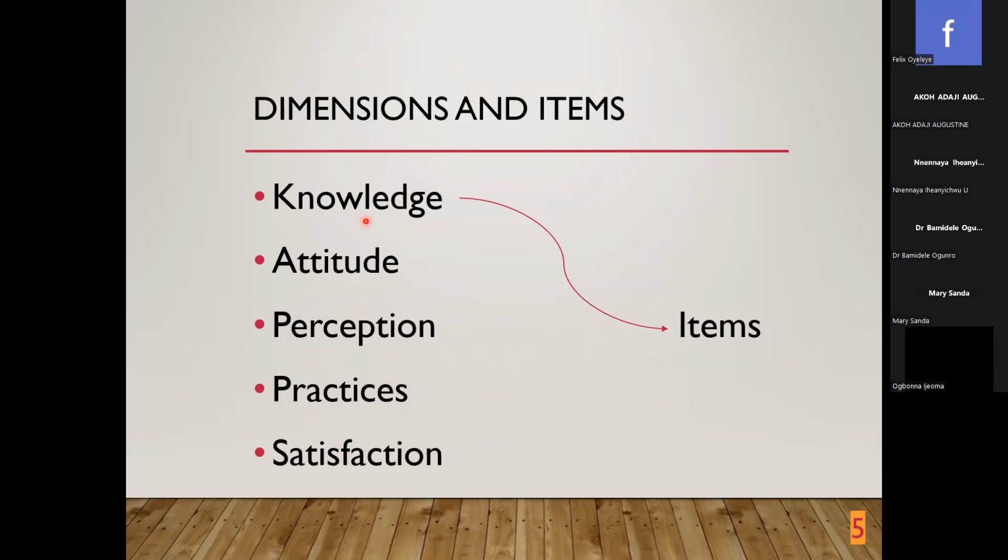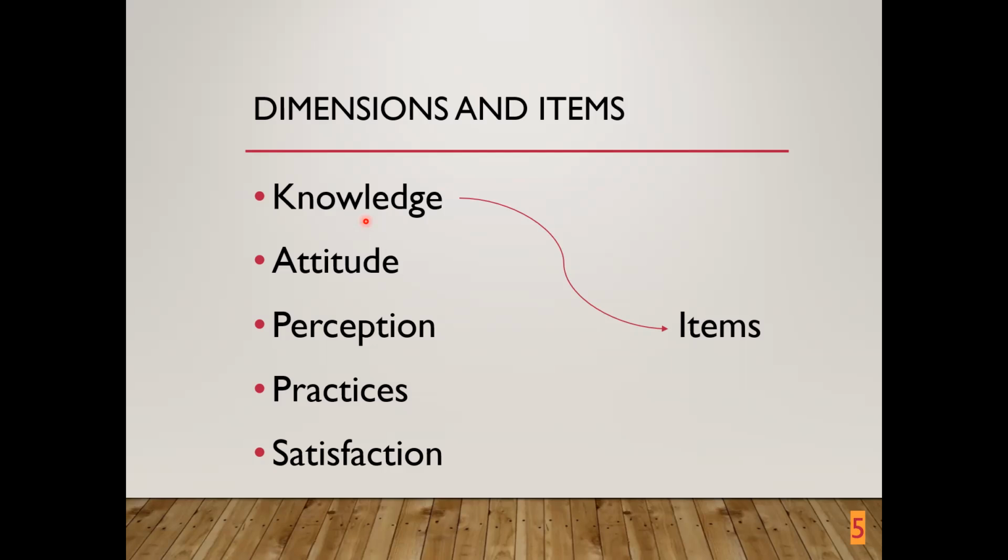Maybe you want to establish his knowledge about COVID-19: what do you understand by COVID-19? That question you've actually constructed is what we refer to as an item. That's an item in questionnaire design.